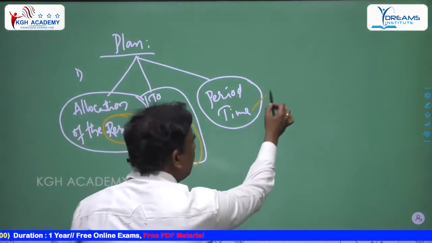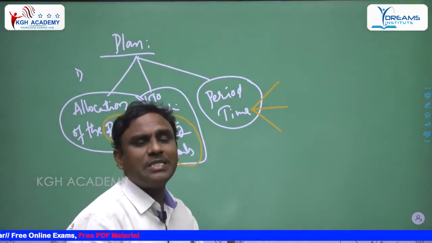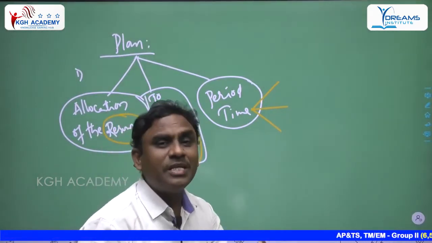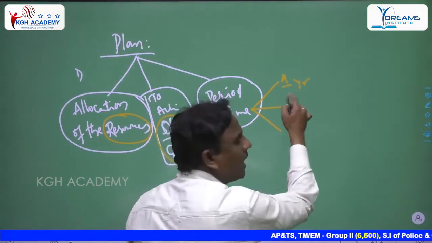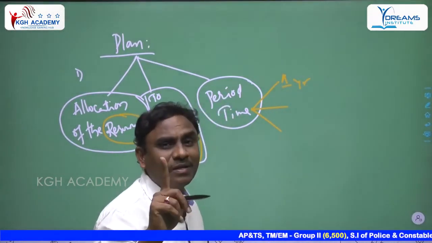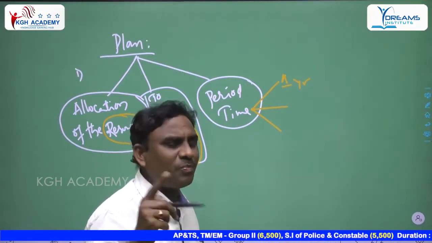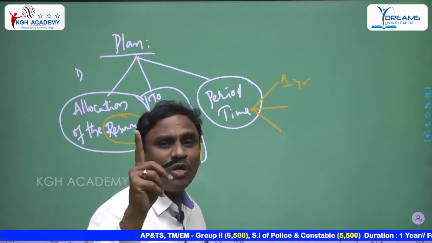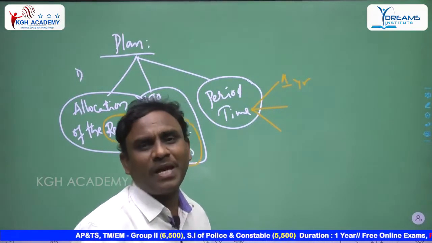If an economy or state fixes a particular period of time, say about 1 year, just as an example, this is called an annual plan. Annual plan means it is a formulation for only 1 year. That is simply called a short-term plan.